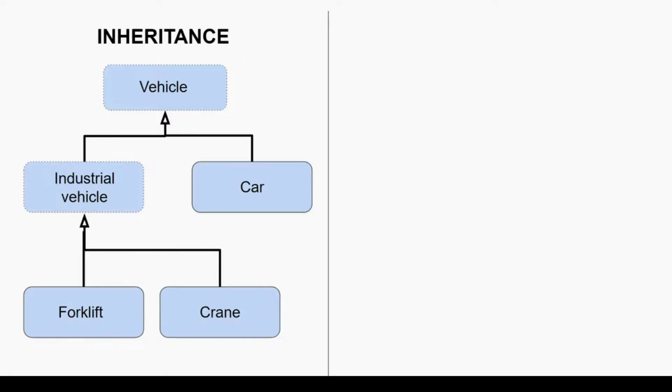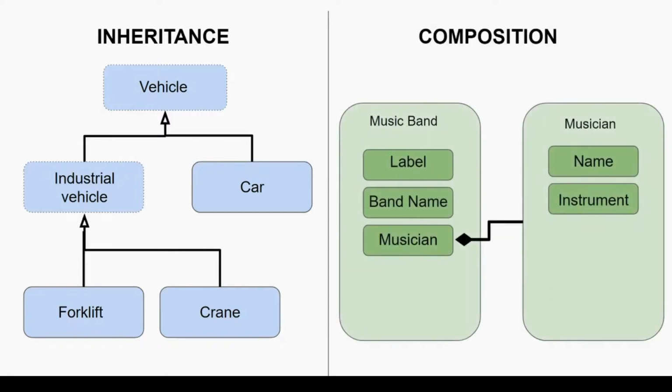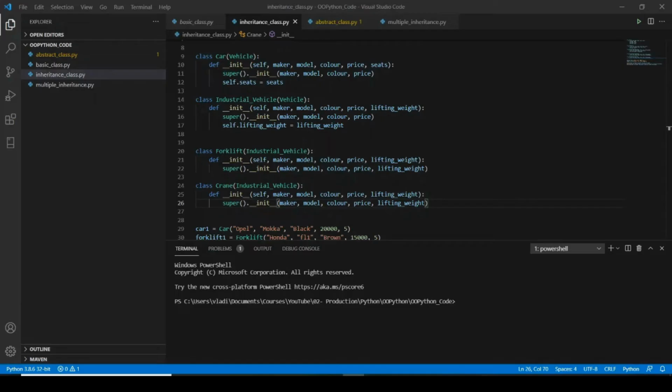And wheels, engine, steering wheel are objects by themselves. So composition here, I will describe with the music band example. A music band is basically a group of people and a brand, and a musician is a different object. In this case, the music band consists of musicians.